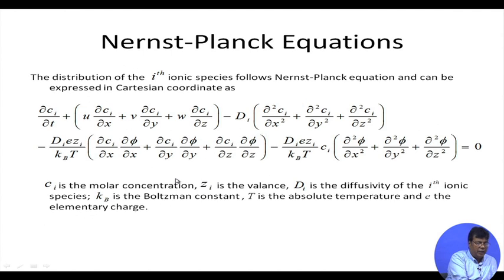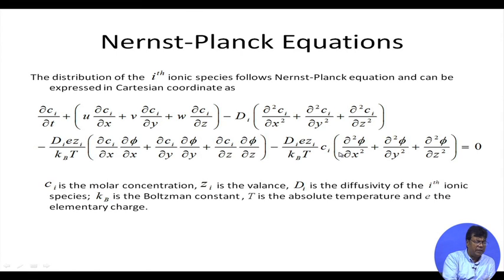So, the other equation, the equation for ion transport, is referred to as the Nernst-Planck equation. This Nernst-Planck equation for the ith ionic species can now be expressed in Cartesian coordinates in this manner. Okay. Now, here we may have a number of ionic species. So, each ionic species will obey this equation, and the valence is Z_i.